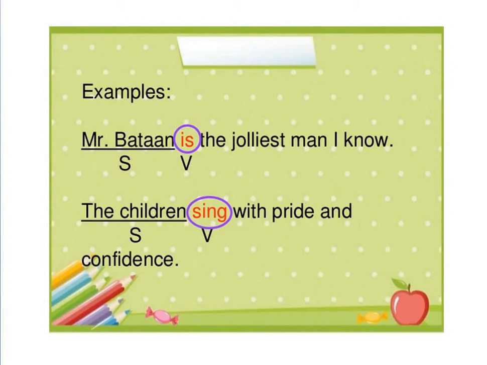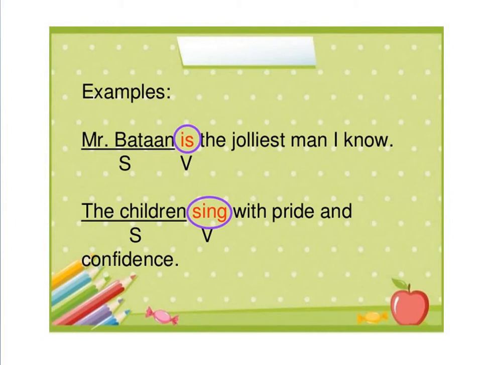Okay, the second sentence is, the children sing with pride and confidence. Here, who sings with pride and confidence? The children. So the sentence is about the children, and we get the idea that the subject is the children. The children is the plural form of child, so it is not about one child, it is about many children.